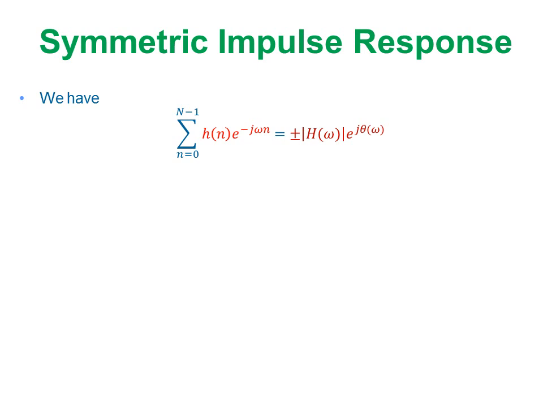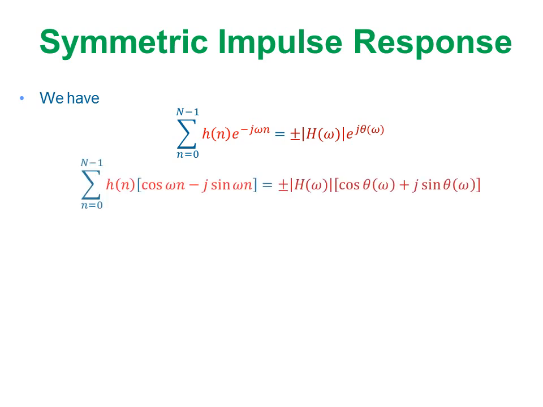So this is the polar form of the Fourier transform of the system, and by using Euler's identity one can write the left hand side as summation from 0 to capital N minus 1 h of n into cos of omega n minus j sin omega n, and this is equal to the right hand side, plus minus mod of H of omega into cos of theta omega plus j sin of theta omega, where the left hand side is the Fourier transform and the right hand side is its corresponding magnitude and phase function in terms of real component and imaginary component.